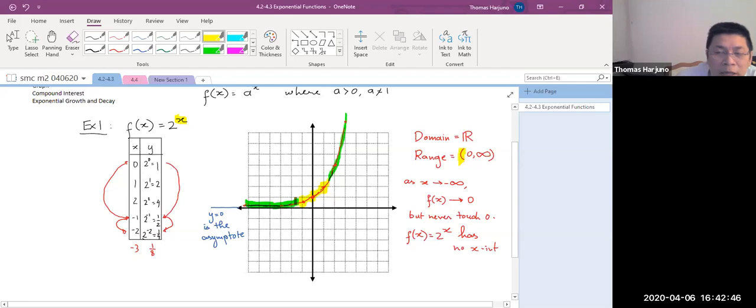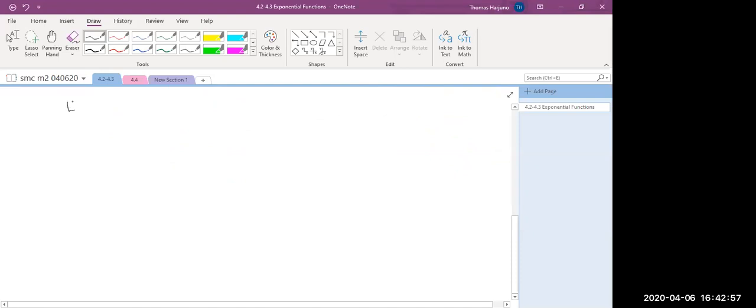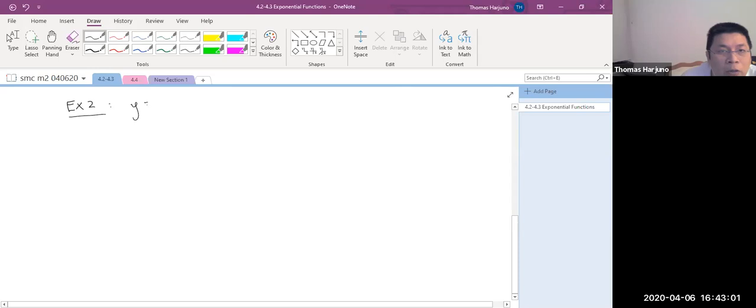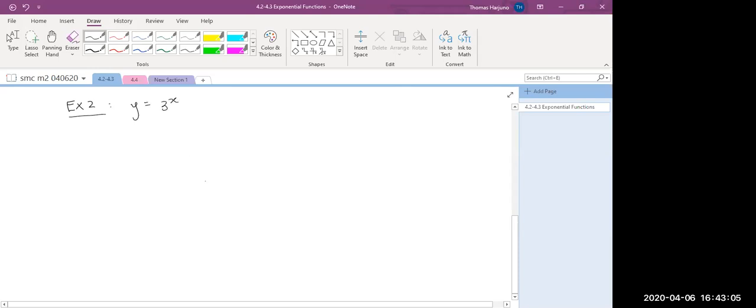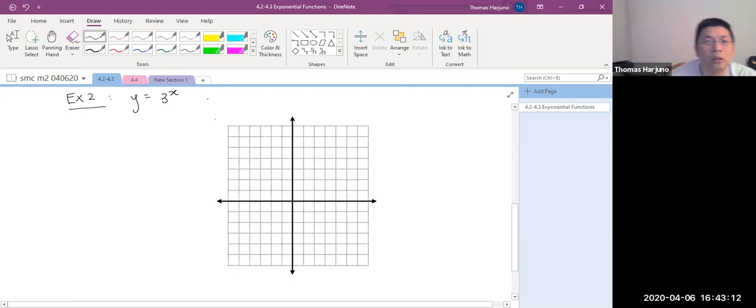Now, why do I say this? Because later on, when I ask you, for example, let's take a look at a new question. Suppose I want you to graph y equals 3 to the x. Then my y-intercept is (0, 1), right?